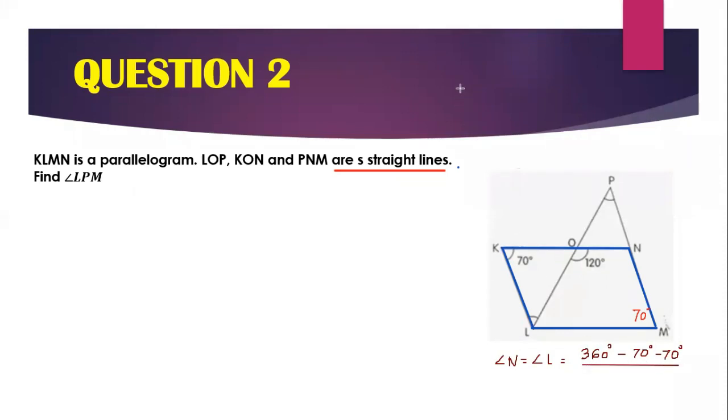This is a quadrilateral shape. Angle L, angle N. So 360 degrees minus 70 minus 70 divided by 2, we'll find 110 degrees. So we can write here 110 degrees, and here is 110 degrees. Very easy, right?